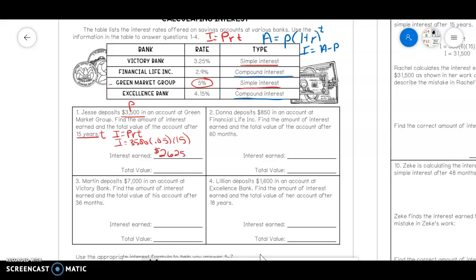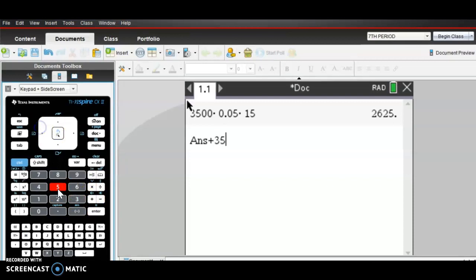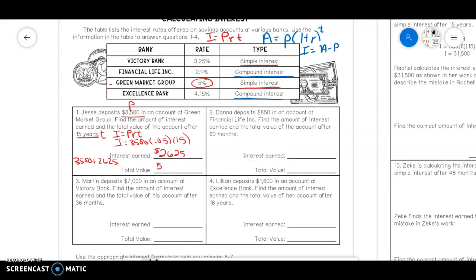And then to find your total value, you simply need to take that 2,625 plus the 3,500. Come back to my calculator, plus 3,500. So now I have $6,125.